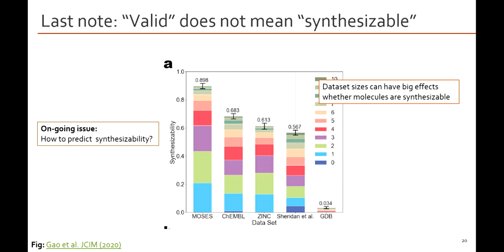For instance, this is a paper from Gao and Coley in 2020 where they showed that if I trained an autoencoder on GDB molecules, which are procedurally generated, there's no bias to this data set for being more likely to include molecules that have been observed experimentally.